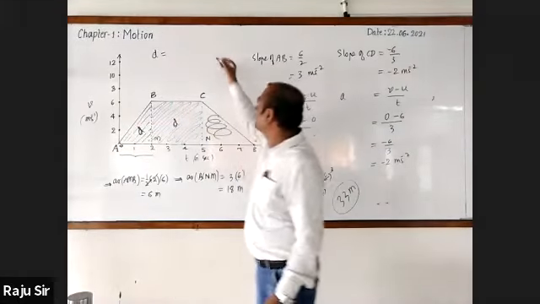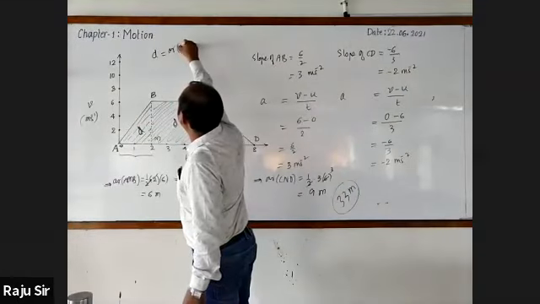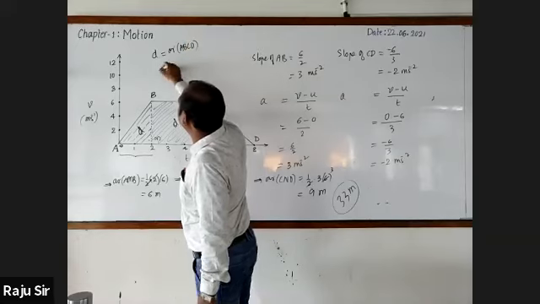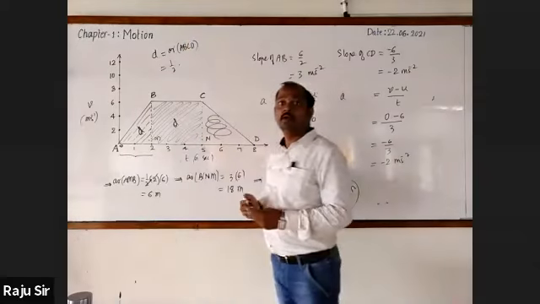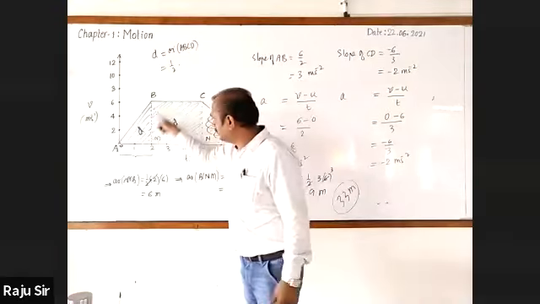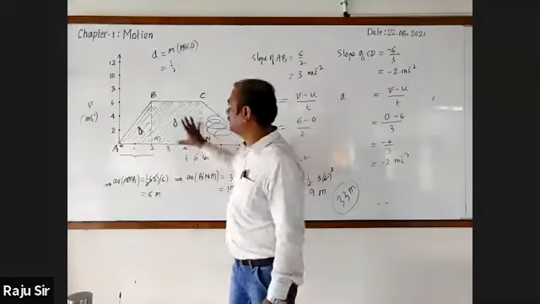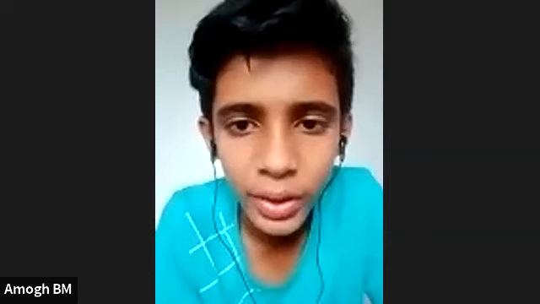ABCD. Here, area of trapezium ABCD is equal to half into height. Either it may be BM or CM. It is 6 units, 6 meters. Next, sum of parallel sides.